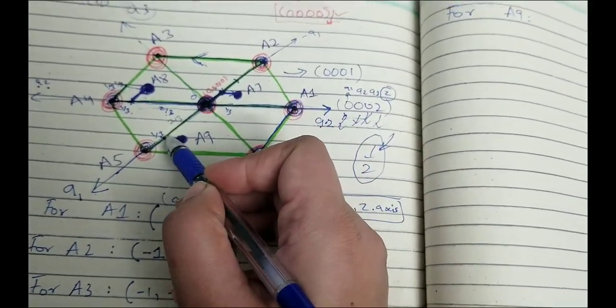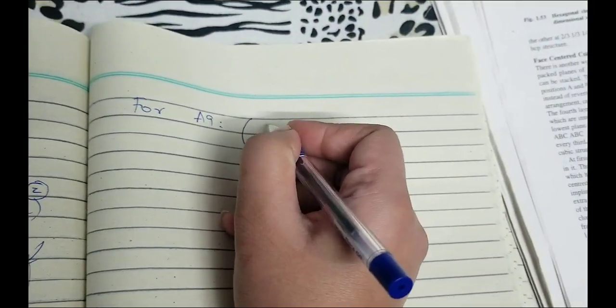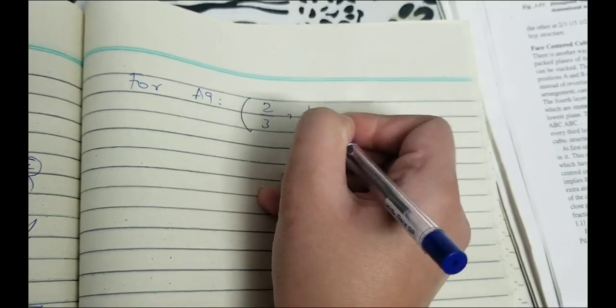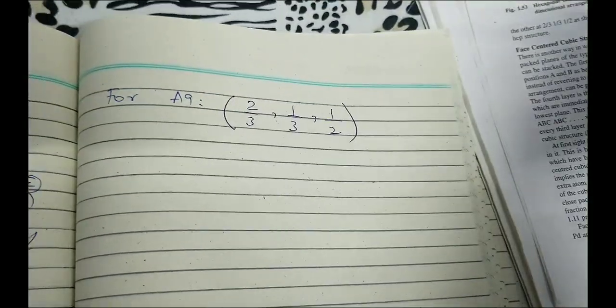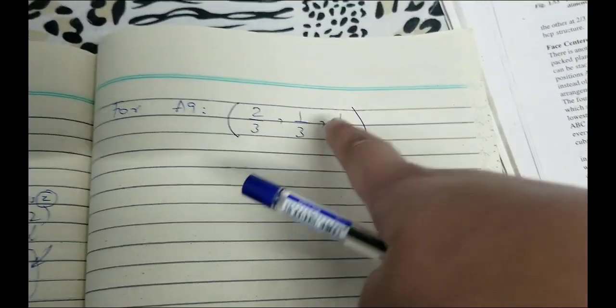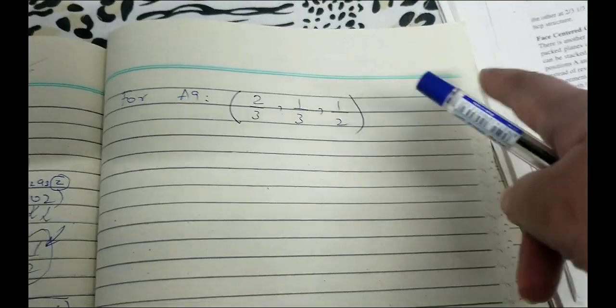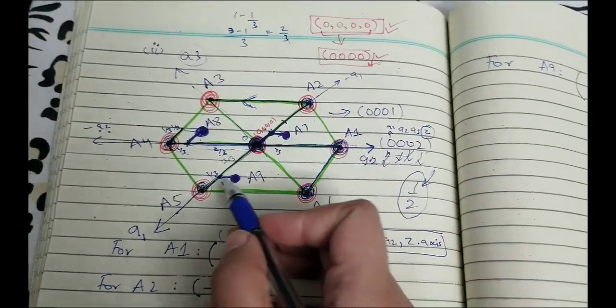So 2 by 3 along A1, 1 by 3 along A2, and 1 by 2 is the position of these atoms on the z-axis, as I told earlier. Okay, these are the final locations.